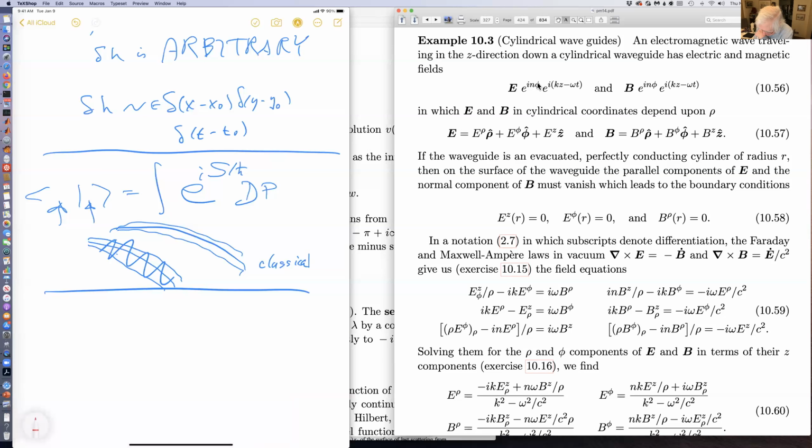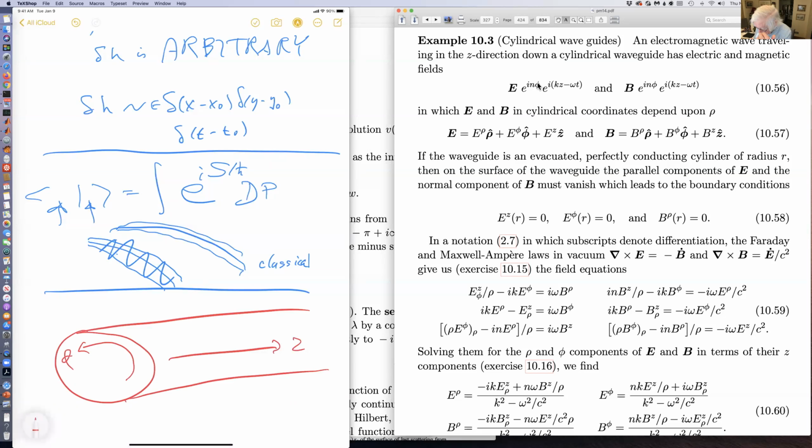So you've got this waveguide looking like this, and the angle phi is this way. So obviously you're going to have e to the i n phi. Z is this way, so you're going to have e to the i (kz minus omega t), where omega is the frequency. So that much is obvious.